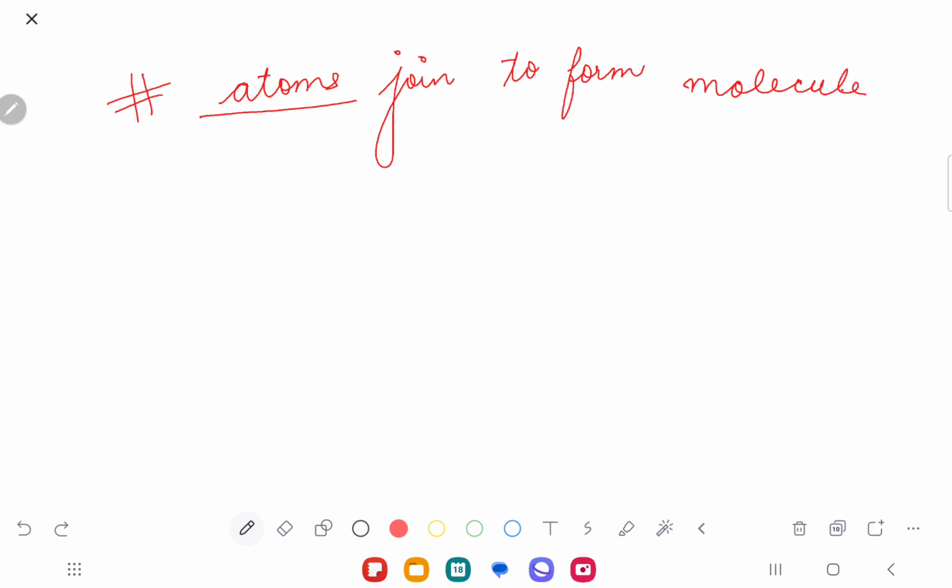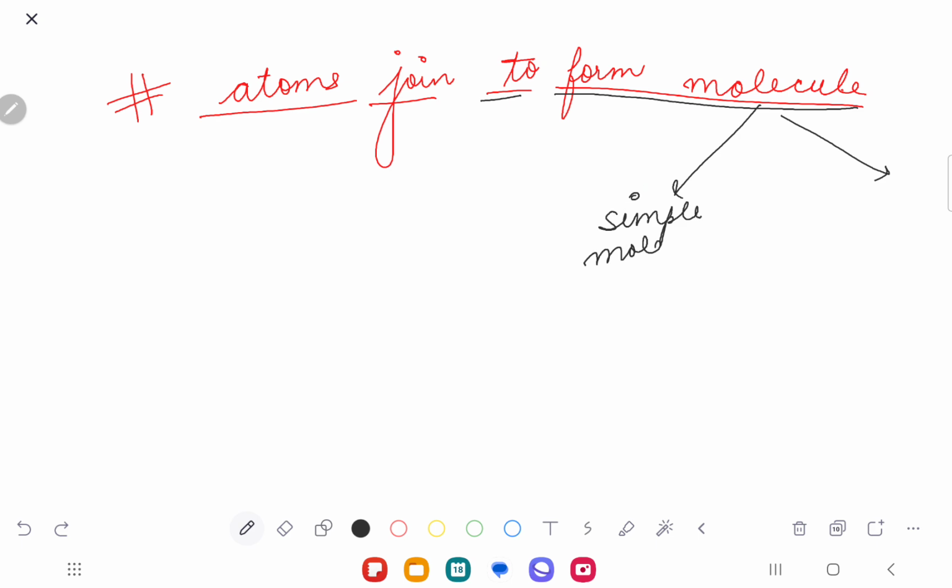And when atoms join to form molecules, molecules are of two types. There are simple molecules and there are complex molecules. Are you understanding?